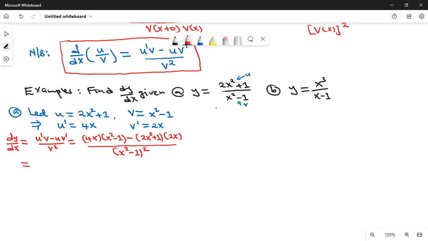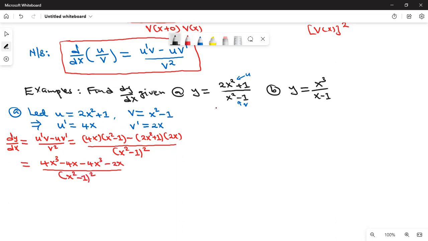So when you open the bracket in the numerator, we are going to get 4x cubed minus 4x, minus another 4x cubed, minus 2x. This is over x squared minus 1 squared.